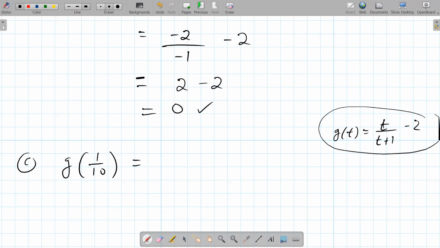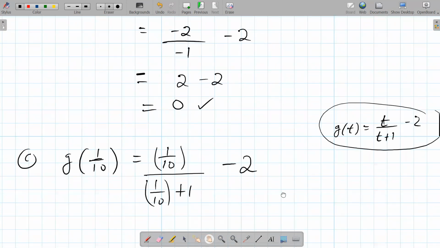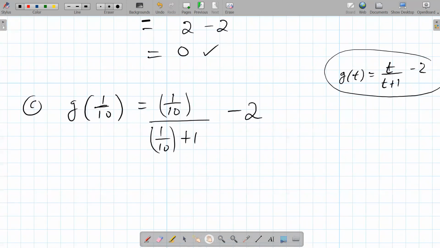Now that I have 1 over 10, it means that the t is being replaced by 1 over 10. So wherever I see the t on my right-hand side, I'm going to change it to 1 over 10. So here we go, 1 over 10, divided by 1 over 10 plus 1, minus 2.